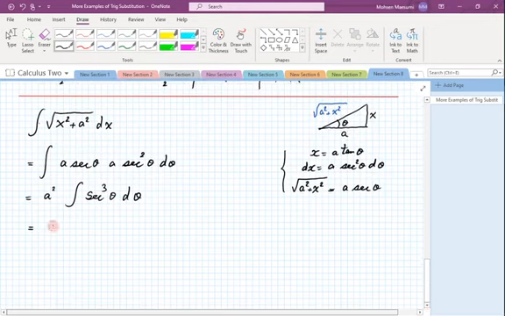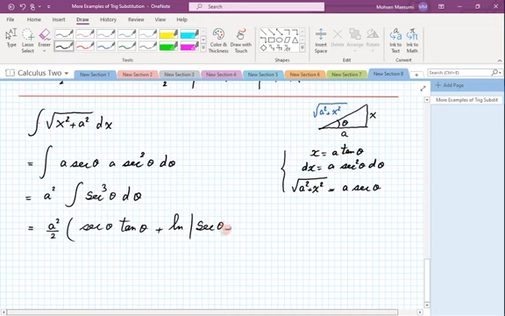And that is a squared, a factor of 1/2 comes here, secant of theta tangent of theta plus logarithm of secant of theta plus tangent of theta, and then a constant. So a squared times, let's write this thing, secant of theta.